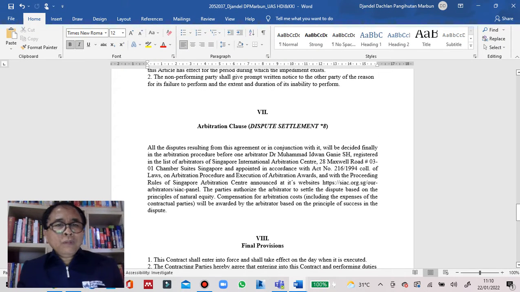Now we are moving to the next clause, the arbitration clause. This is the dispute settlement.